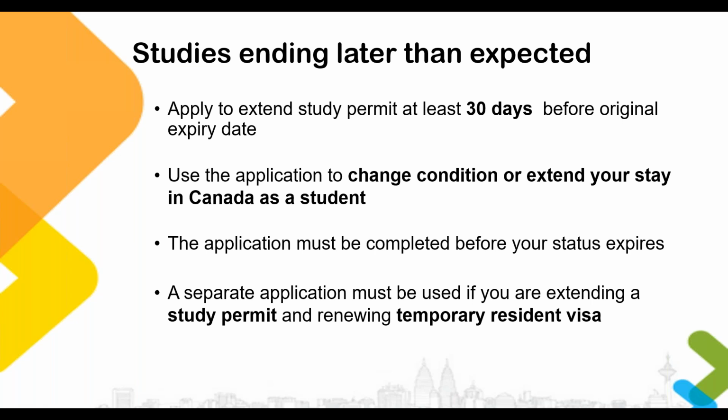Only after immigration approves the extension of your study permit can you then extend your temporary visa. Hopefully that makes sense. If you need more answers, you can either contact your student office, the International Student Office on your campus, or you can definitely check out the website www.canada.ca.